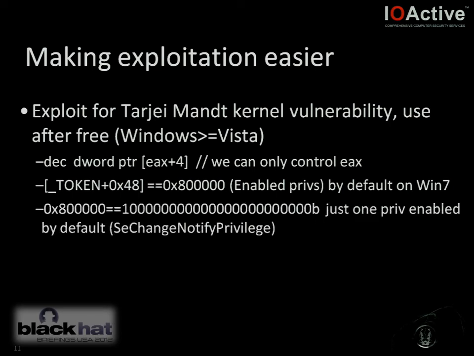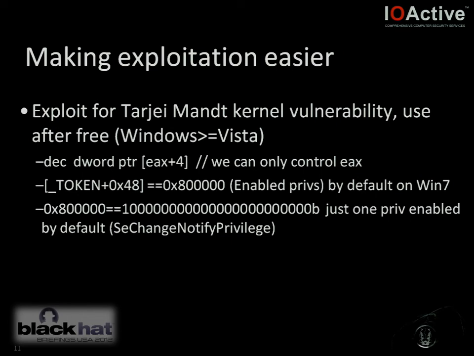If we translate that to binary, we can see that only one privilege is enabled by default, which is the change notify privilege, a privilege that almost any process in Windows has. It is the privilege to get notified when a registry key, a file or a folder changes. It's a very basic privilege that almost any process in Windows has. So by default, you have this value there.